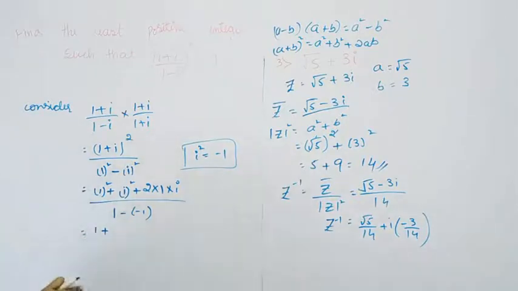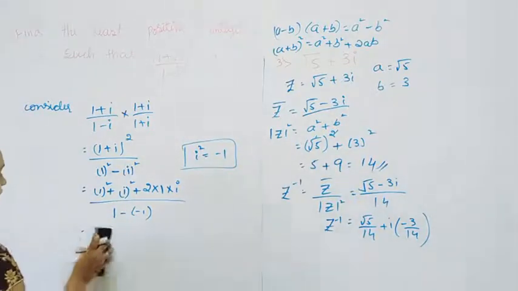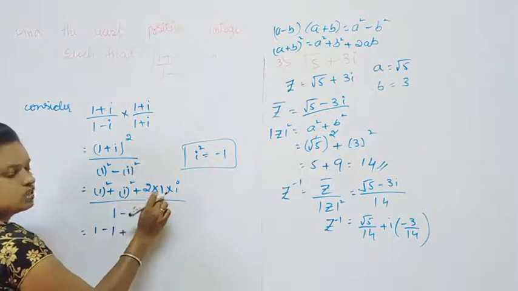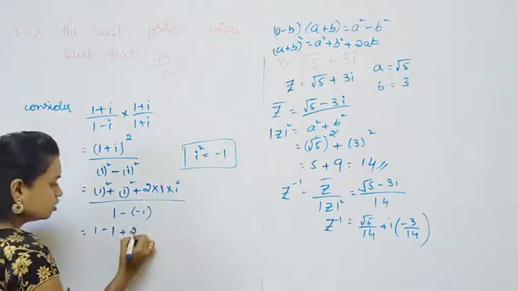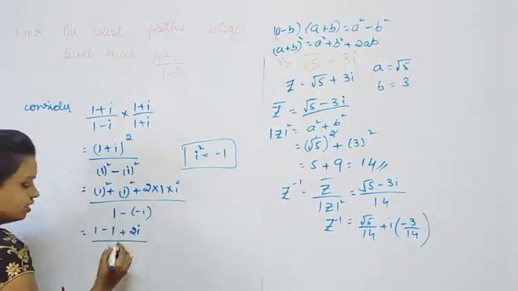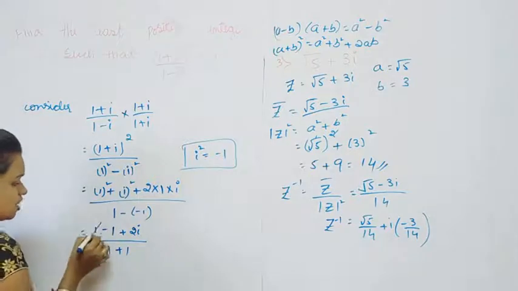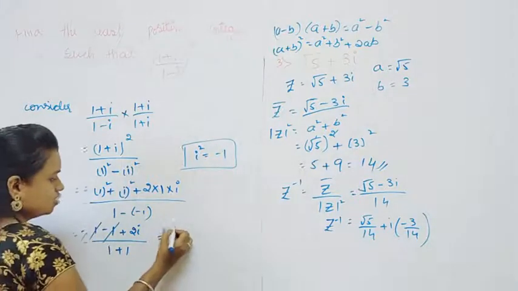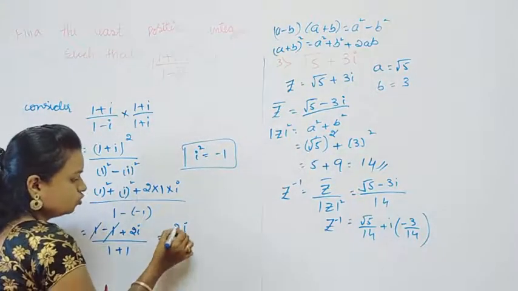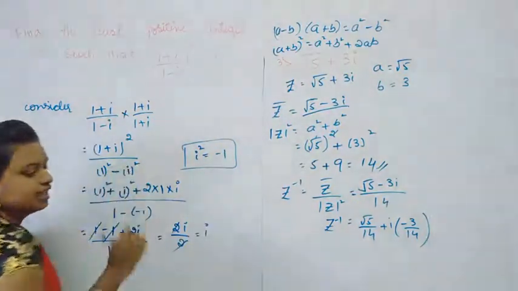Minus minus 1 plus 2 ones are 2, 2 into i is 2i, divided by 1, and minus into minus becomes plus 1. So plus 1 minus 1 gets cancelled, and 2i divided by 1 plus 1 is 2. So 2 gets cancelled, we get i.